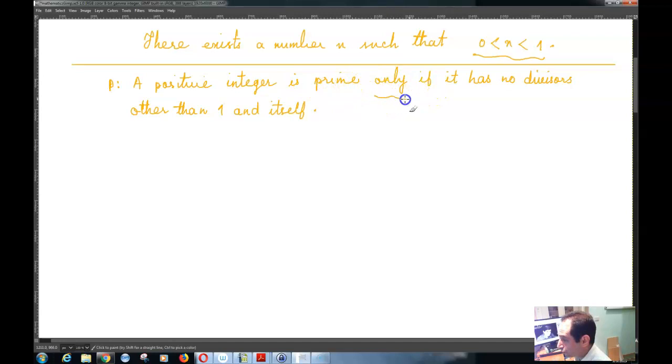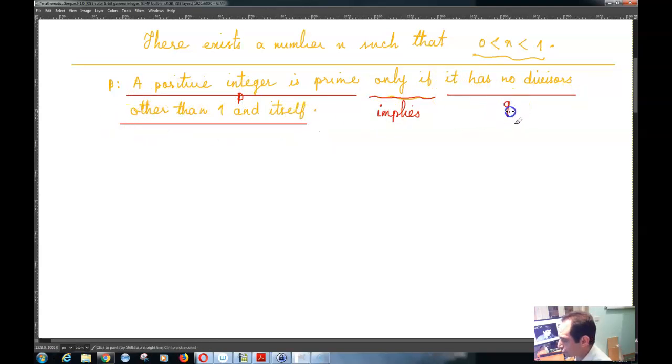Only if means implies. And then this part here is your, for example, P, and this part over here is your Q. And this is nothing but P then Q.